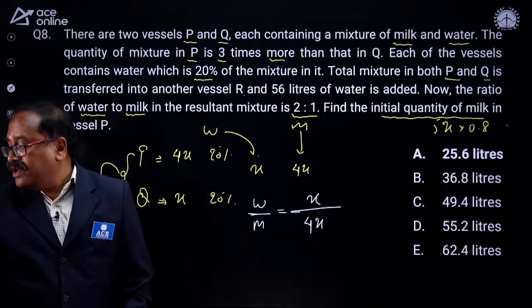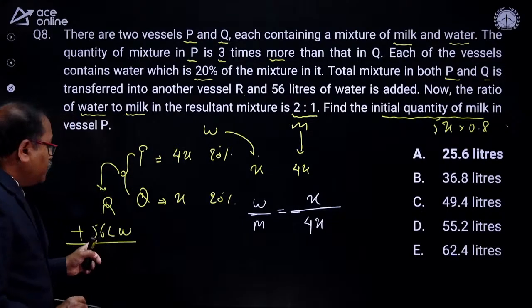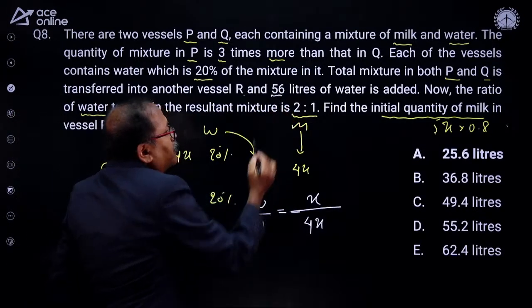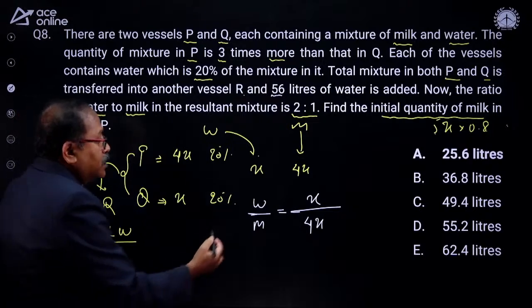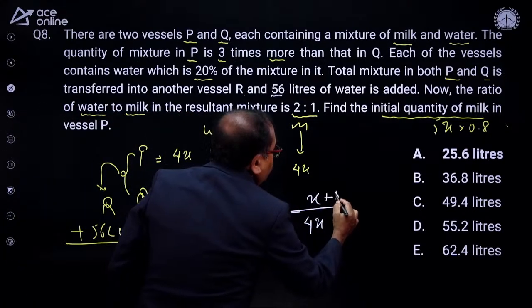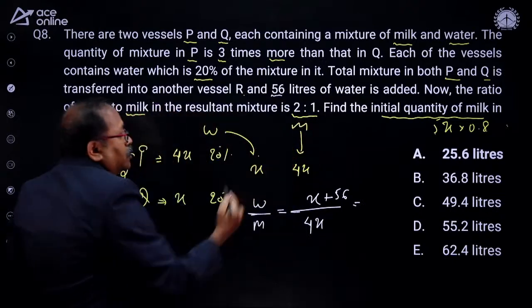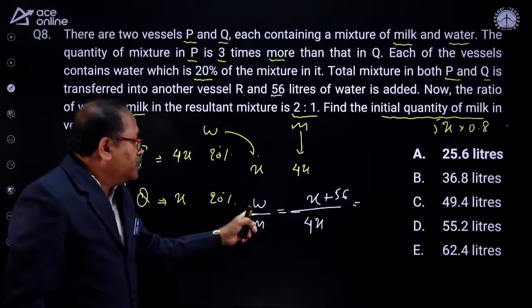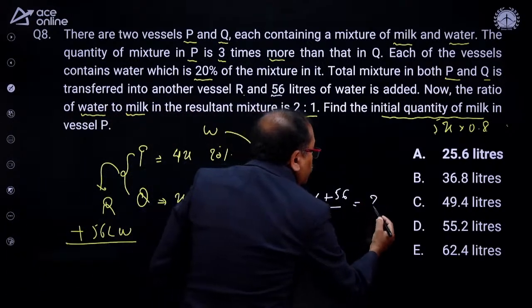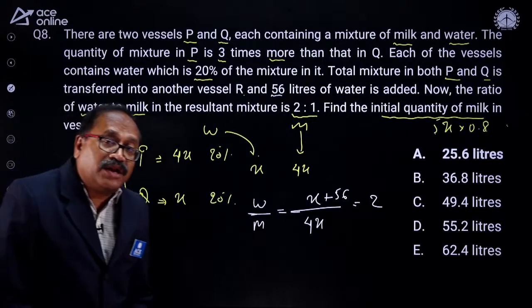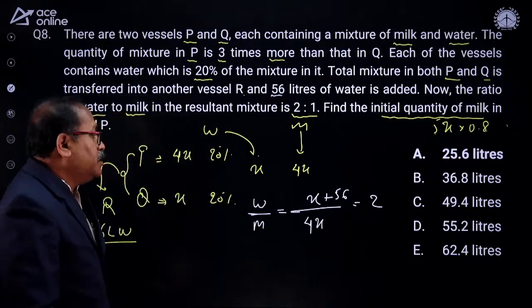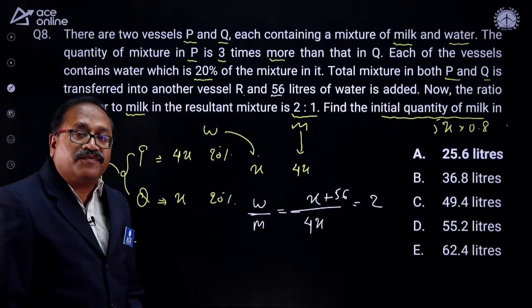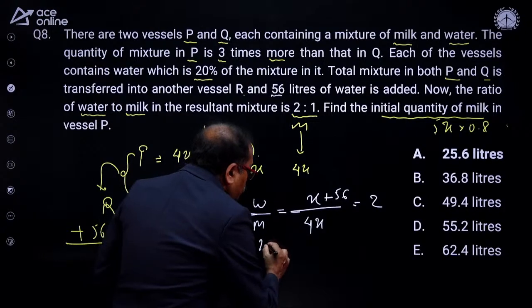Something is added here, 56 liter of water is added, we read in the question here, so add 56 liter over here, and the ratio becomes 2:1, water to milk 2:1, so ये 2 हो रहा है. क्या x की वैल्यू निकलेगी, जरूर निकलेगी, चलिए हाँ, this is 8x minus x is 7x, 7x is equal to 56, then x is equal to 8.